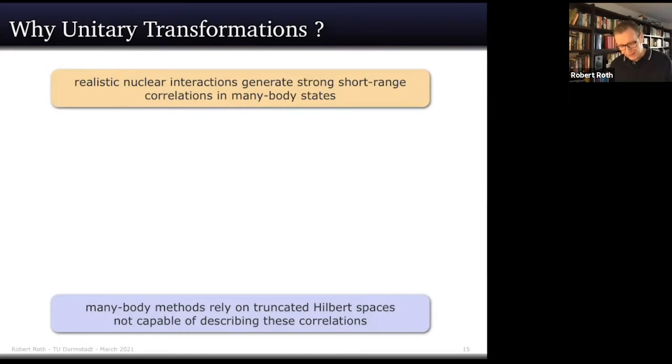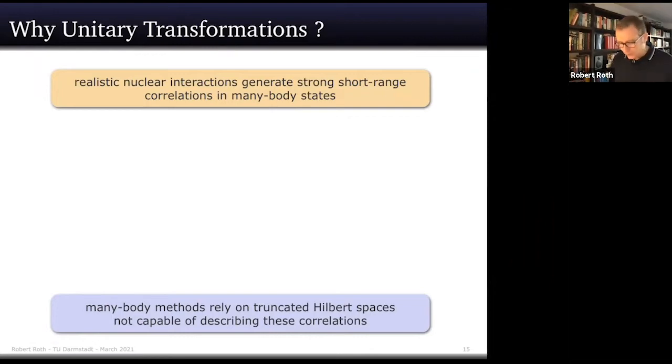But on the other hand, you are working with these basis expansion methods, which necessarily rely on truncated Hilbert spaces. You cannot describe the infinite dimensional Hilbert space numerically. And this truncation typically hinders you in the description of short-range correlations. So this doesn't look good. There seems to be a very fundamental problem between the many-body approaches that we would like to employ and the problem itself, which requires us to deal with correlations.